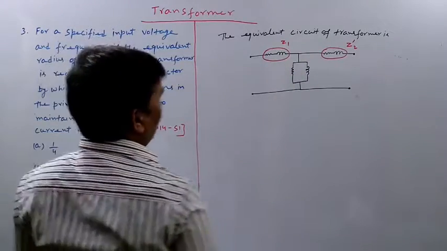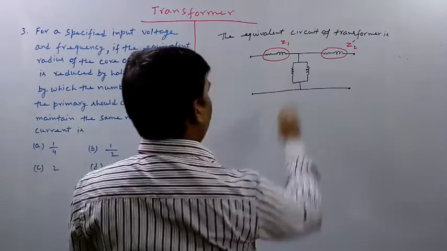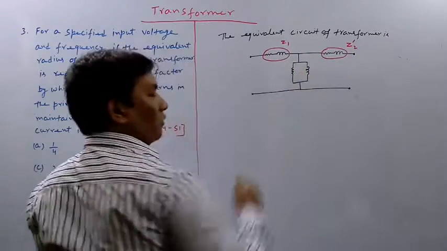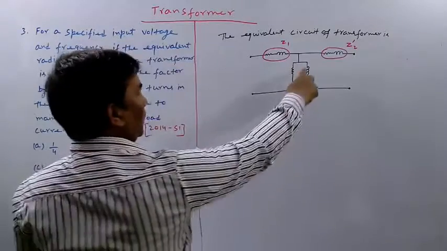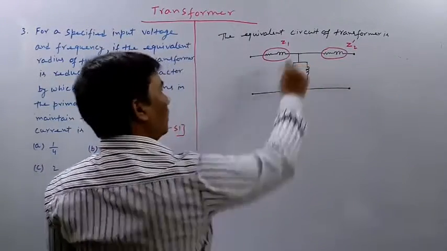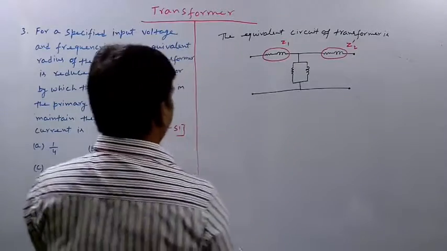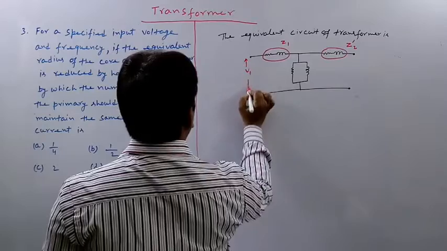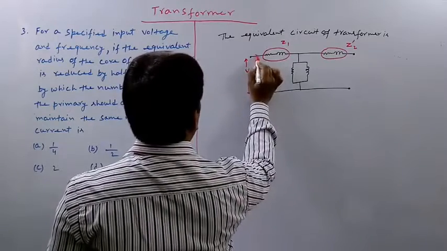Now this one is the core magnetizing, this one is the magnetizing coil, and this one is the core loss component. Here we apply voltage V1, and here we get current I1.